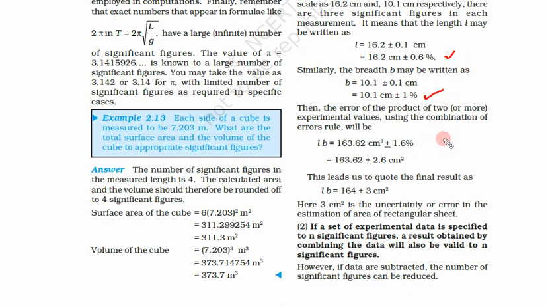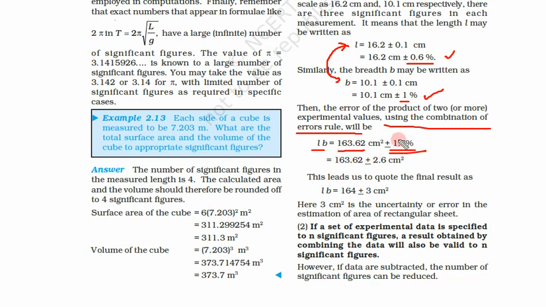Now we use the rule of combination of errors that we have learned. So this quantity, area L into B, is equal to 163.62 centimeter square just by multiplying these numbers, and errors must be added. Percentage errors or relative errors must be added. So this is 0.6%, this is 1%. So what is the error? 1.6%.